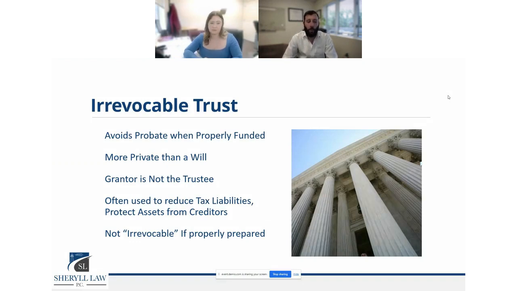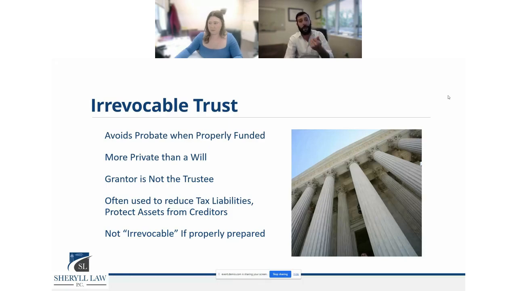But often, where we have an irrevocable trust, the grantor will not be the trustee or will not be the sole trustee. And that's because we're trying to create more provisions in there that can't be changed. And this can be for reasons like, I want it to go to my children, but not to their spouses if they were to pass away. Or I want it to go to a trust for my son who's a doctor, and I don't want him to get sued.